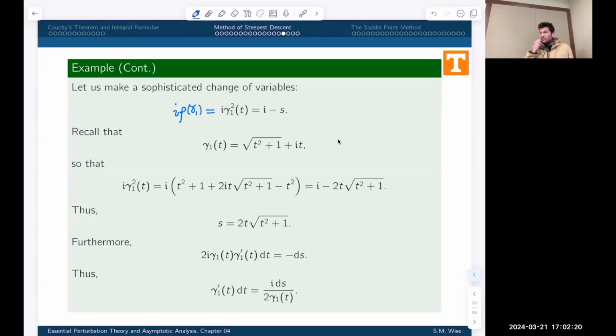That's where that comes from. Now, what do we know about that? Well, that's just equal to phi. And phi is real when we stick to gamma 1. How do we know that? Well, because gamma, let's see, that's not exactly right.